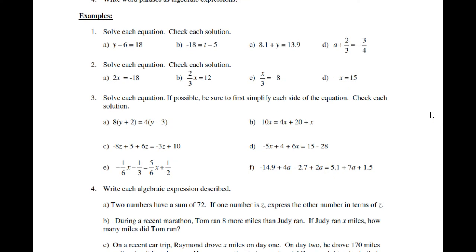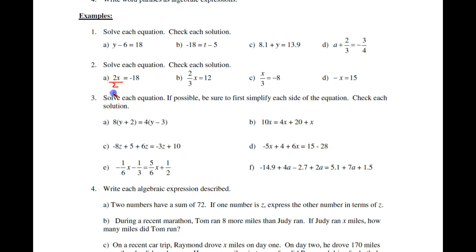Now, in example 1, what we were doing is adding something to both sides. Well, sometimes the x is not by itself. So in a case like this, we look at the numerical coefficient of the x, and we divide by that. That's a 2. So we're going to divide by 2.